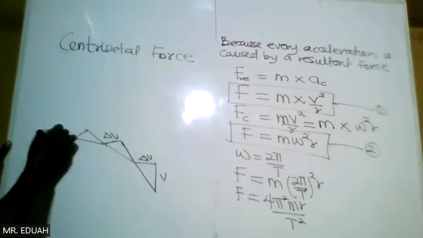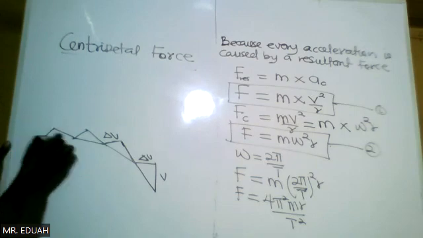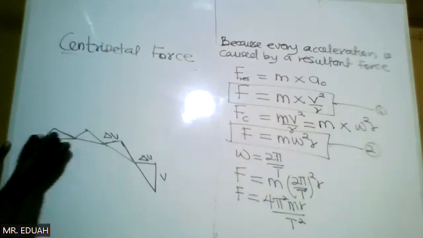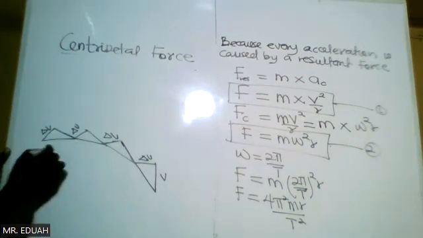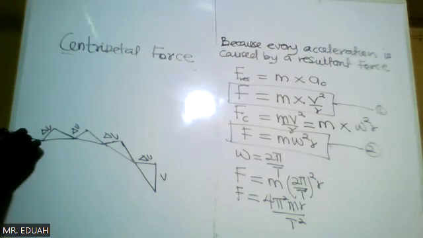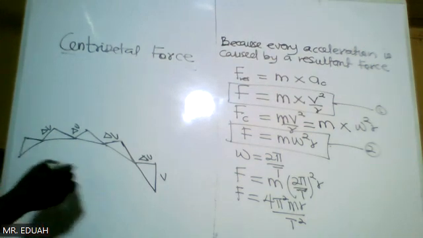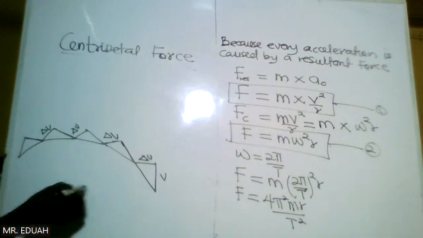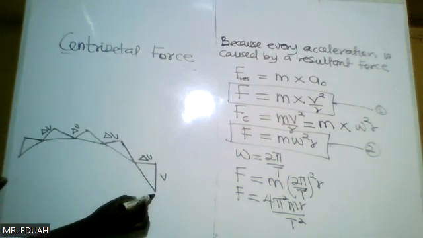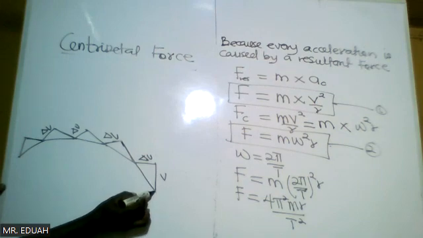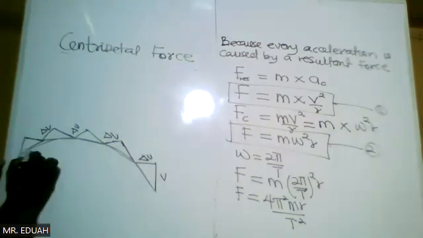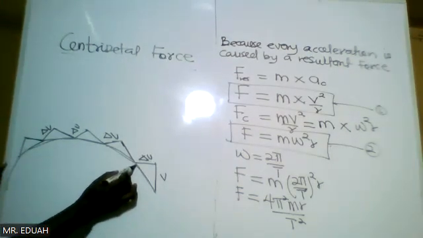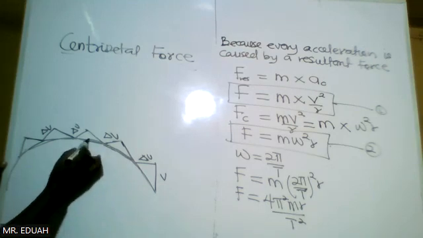The body wants to go this way. Due to a change in its velocity, delta v, its path changes from this side and then comes here. When you go through it throughout, you realize that because of the change in velocity, the body describes a circular path.